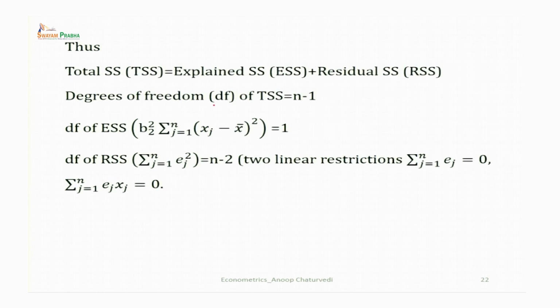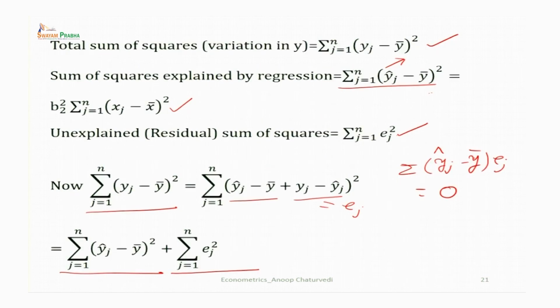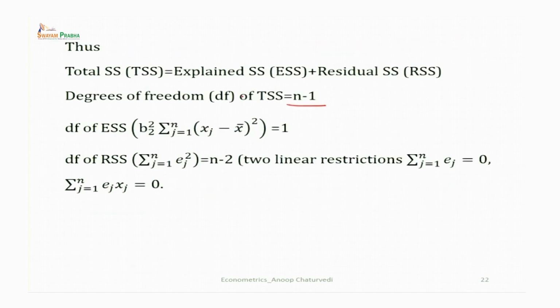Now, the degrees of freedom of the total sum of squares is n minus 1, because remember the expression for the total sum of squares is summation j equal to 1 to n of y j minus y bar square. It has n terms, but it has one constraint also: summation over j of y j minus y bar is equal to 0. So, the degree of freedom of this total sum of squares is n minus 1.